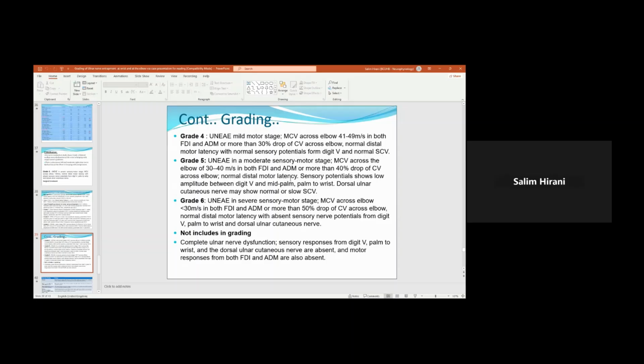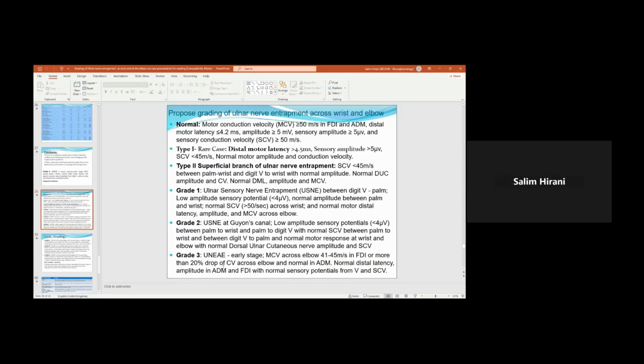Otherwise, although I put them as 30% in grade 4 and 20% in grade 3, there's no dropping of amplitude across in these areas.